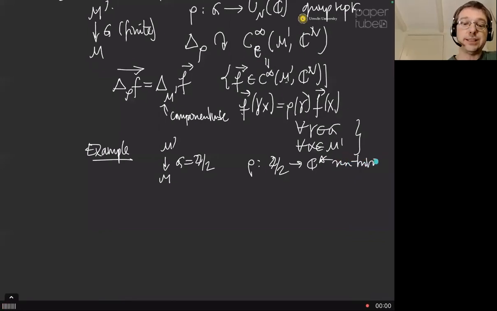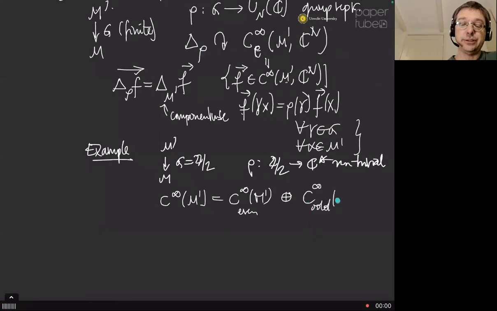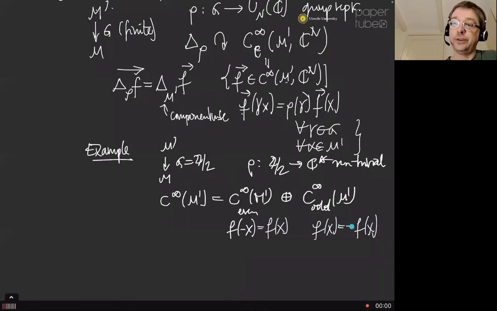If you do this, essentially what happens is that the functions on top are decomposed into even functions and odd functions. Even functions, if I denote the action of the generator of this group by minus, are really the invariant functions, and the odd functions are exactly the opposite.